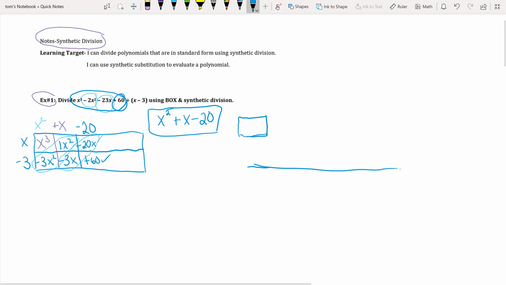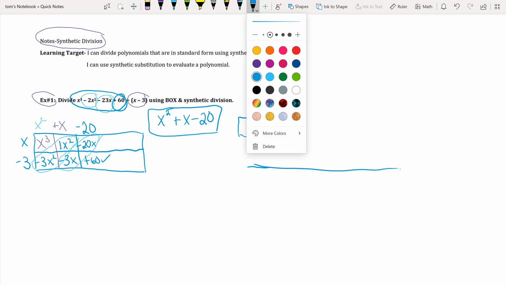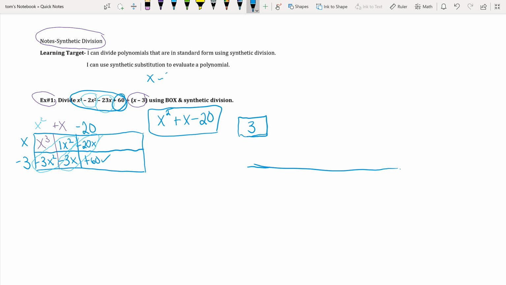What goes in that box is the root of what we're dividing by in this problem. So we're dividing by x minus 3. X minus 3 has a root of positive 3. We get that if we take x minus 3 equal to 0 and solve for x, and you get positive 3. So that goes in our little box there.